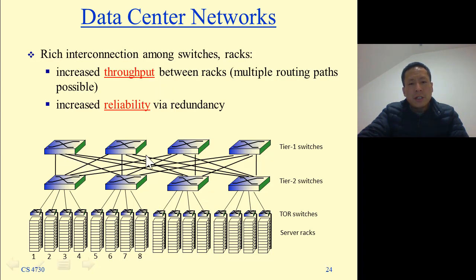So you can see very rich interconnections between the tier 1 and tier 2 switches. They are kind of fully meshed. In the meantime, it can increase throughput because of multiple paths, right? And also reliability can be increased because of redundancy. One goes down, doesn't matter, it still can work, right? That's a good thing.